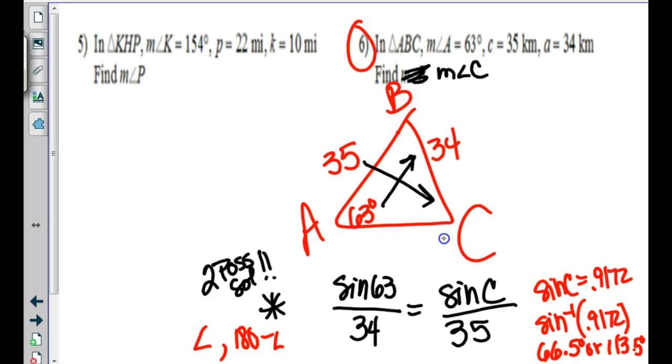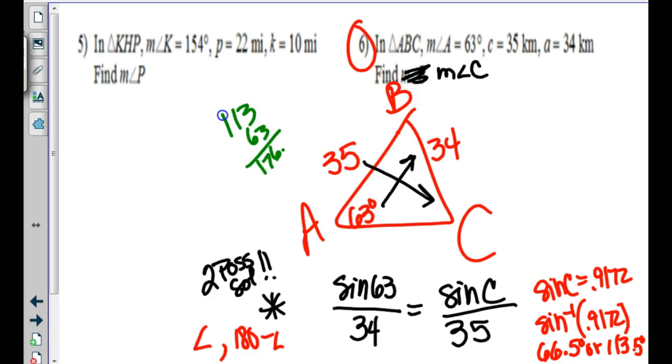Is there any reason I have to eliminate 113? It has to be bigger than 63, right? Because it's across from a longer side. And both of those are bigger than 63. Can I have a 113 if I have a 63?